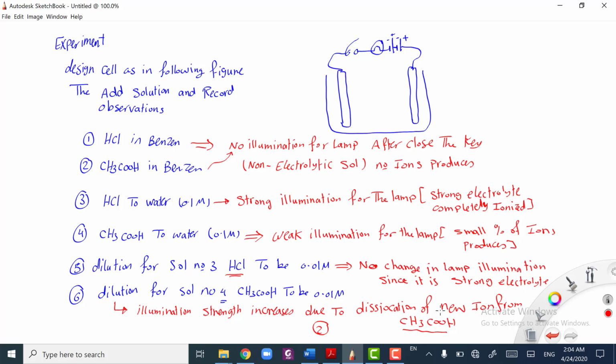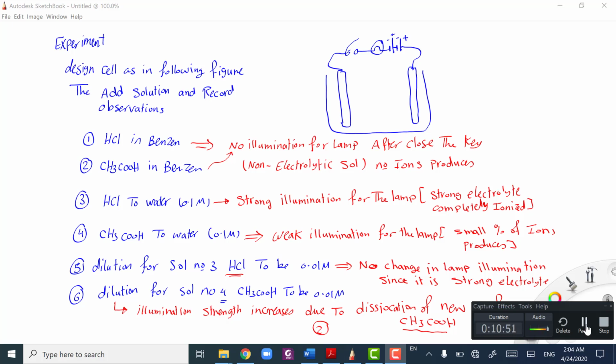Okay, now we are going to talk about the concepts that can be obtained from this experiment. Concepts obtained from the previous experiment. The first is ionization. Ionization means the process of changing molecules to ions.